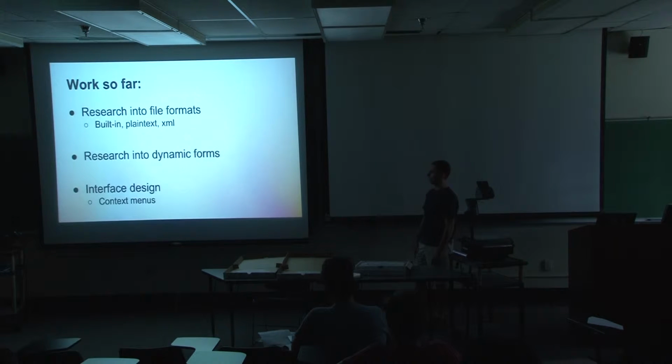Researching dynamic forms and playing around with how to create forms without using Visual Studio's resources for that, and interface design. Currently I've got a calibration form that's a static form with all the calibration fields and controls.